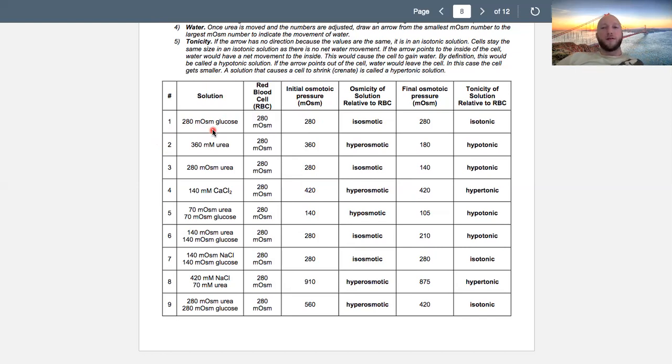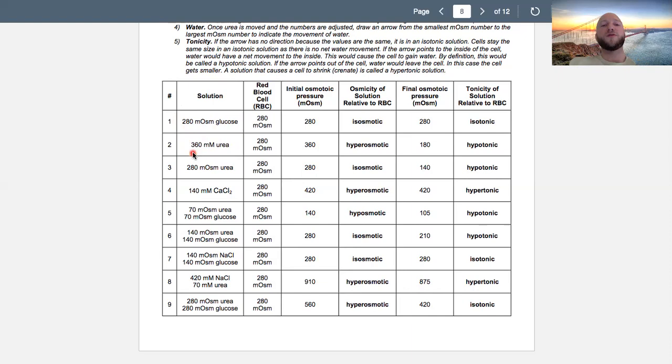Step 1 is to make sure we have the right units. Make sure we're comparing apples to apples and oranges to oranges. At the starting point for this question, you are in milliosmoles. You do not need to use the equation to find milliosmoles because we are already in milliosmoles. Compare that to question 2.